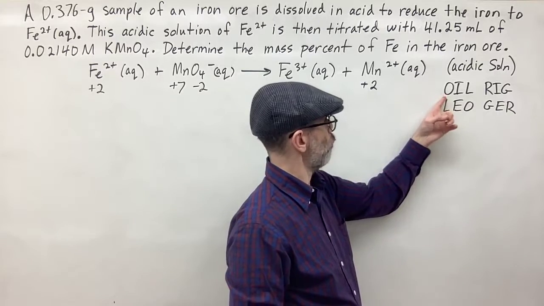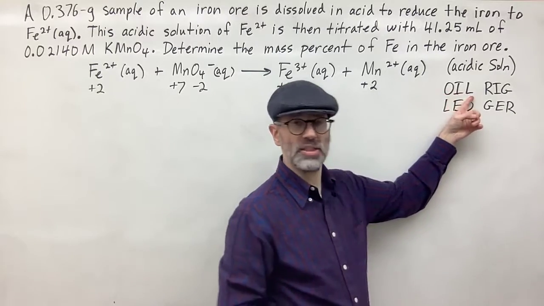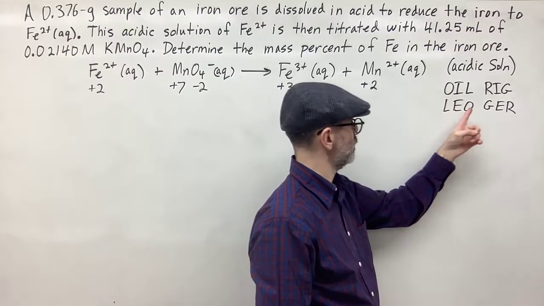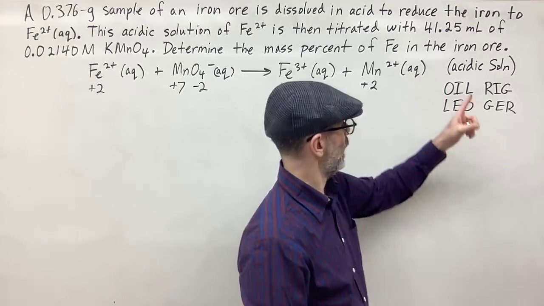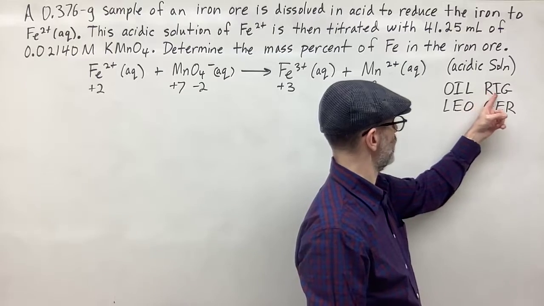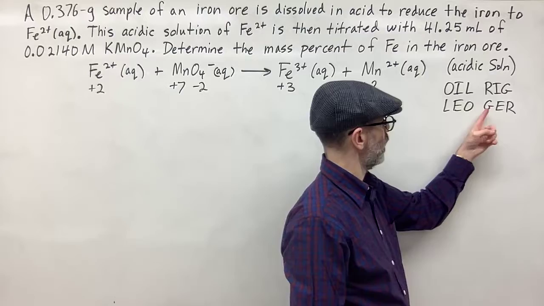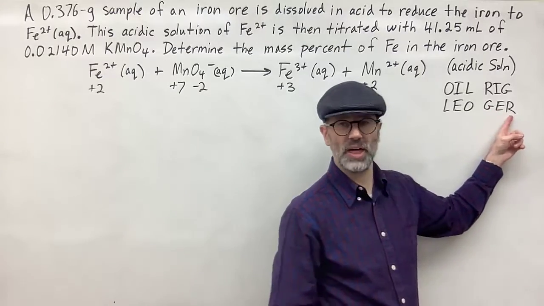OIL stands for oxidation is loss of electrons. LEO is loss of electrons is oxidation. And RIG is reduction is gain of electrons, or GER, gain of electrons is reduction.